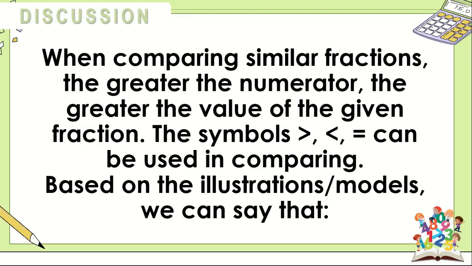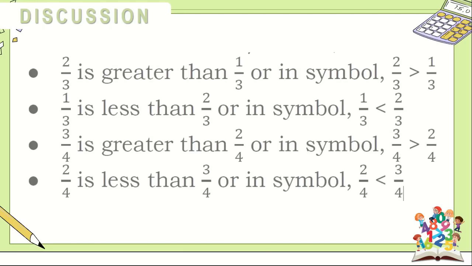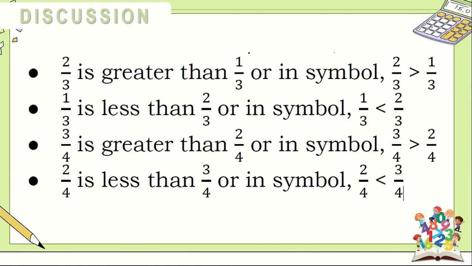Based on the illustrations or models, we can say that 2/3 is greater than 1/3, or in symbol, 2/3 is greater than 1/3. 1/3 is less than 2/3, or in symbol, 1/3 is less than 2/3. 3/4 is greater than 2/4, and 2/4 is less than 3/4.